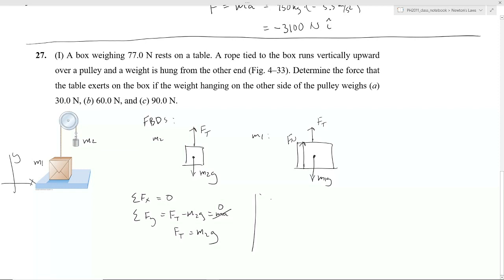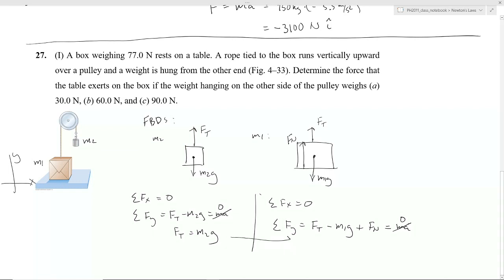And then on mass 1 here, again, there's no components in x. We sum the forces in y, we find the tension minus the weight plus the normal force equals the mass times acceleration for mass 1, but it will be 0 since it's resting on the table. And what this allows us to do is substitute in for the tension.